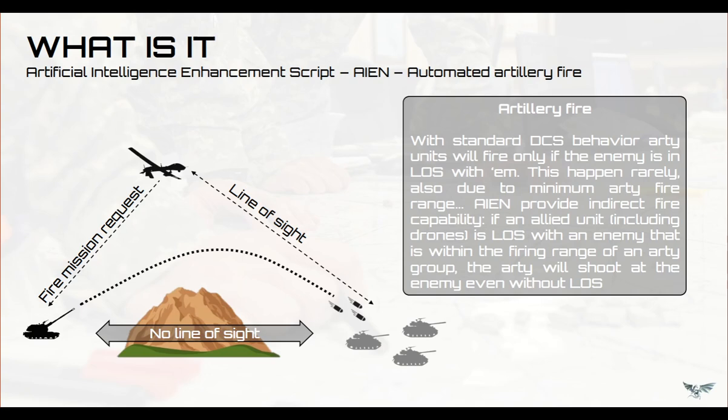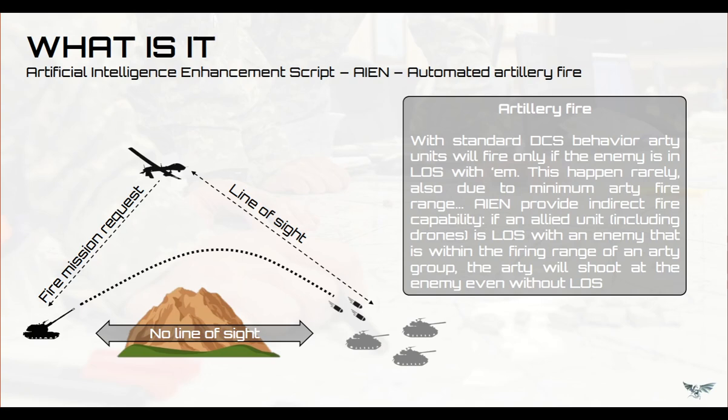This script will change that. Any allied units and drones, so for flying things it's only drones, but any ground unit, will provide targets to your artillery group. And each time, analyzing that group once a second to not have a performance impact again, if the ground artillery group is in range of a known enemy, they will try to create a fire mission to hit this enemy.